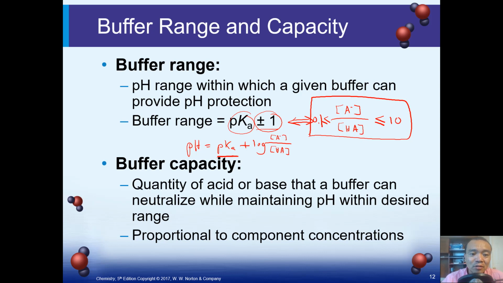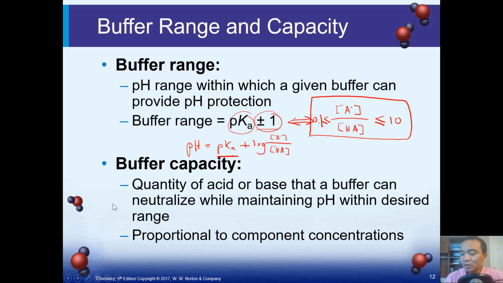The concentration ratio of the two should be between 0.1 and 10. What about buffer capacity? Buffer capacity is the quantity of acid or base that a buffer can neutralize while maintaining the pH within the desired range, which is pKa plus or minus 1.